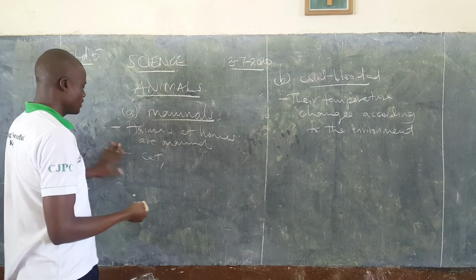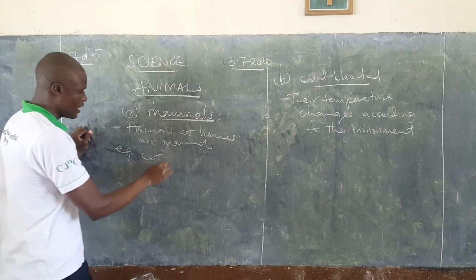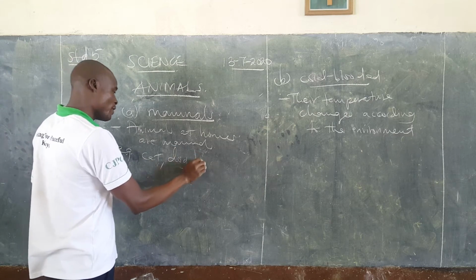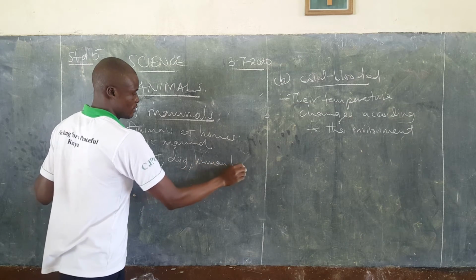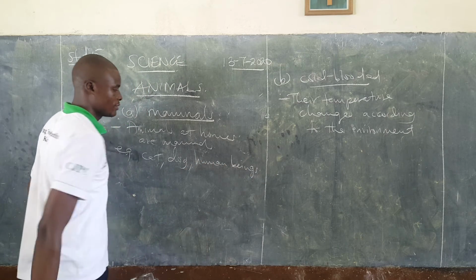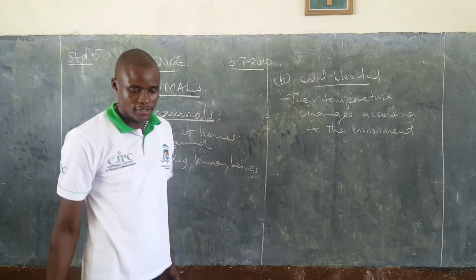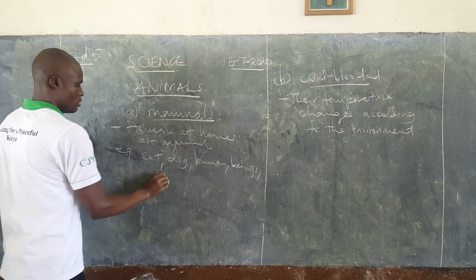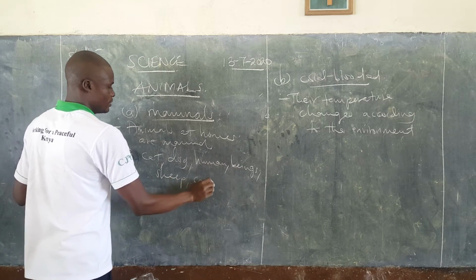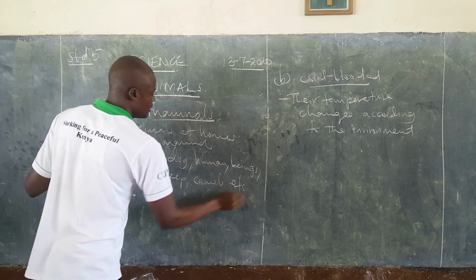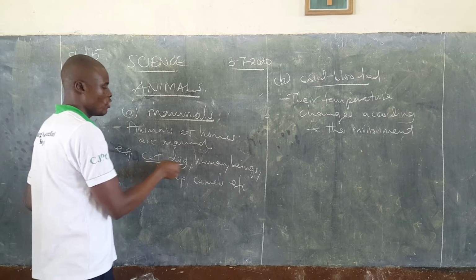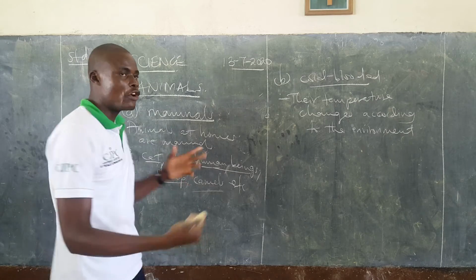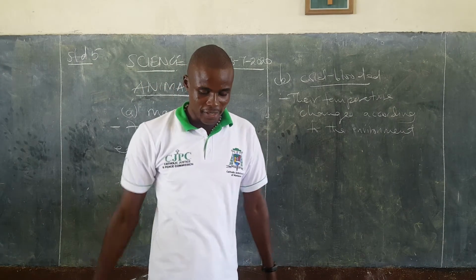Examples, we have a cat, we have a dog, we may have human beings themselves. We have sheep, camels, donkeys, etc. There are so many: a cat, a dog, a human being, a sheep, a camel, a donkey, and etc.